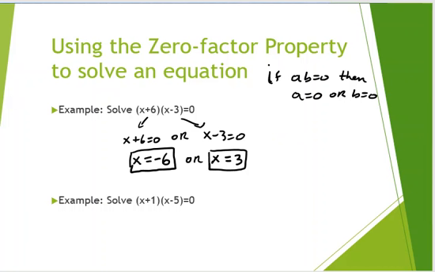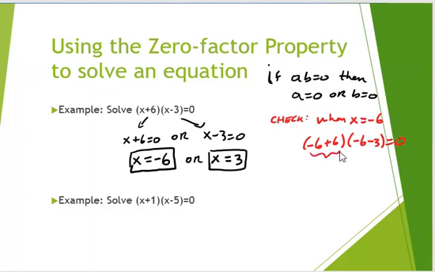Check. So when x is equal to negative 6, we get negative 6 plus 6 times negative 6 minus 3 equals 0.